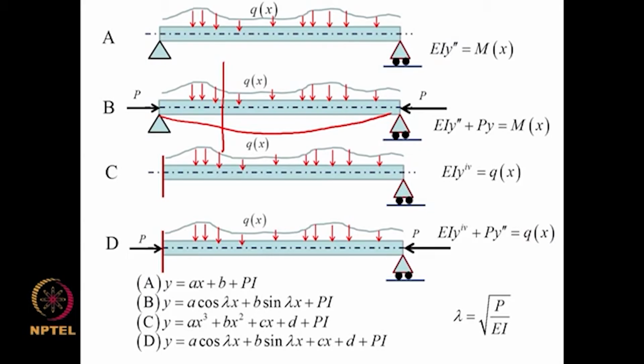This type of question we began by addressing in the context of beam columns, and for beams carrying axial loads, we noticed that there is a dramatic change in the nature of the solution. For example, if we consider this problem where there is a single span beam carrying a transverse load q of x and axial load p, while writing the expression for bending moment at this cross section, we were able to write the bending moment due to q of x, but when it came to writing the expression for bending moment due to p, we used the deformed configuration of the beam.